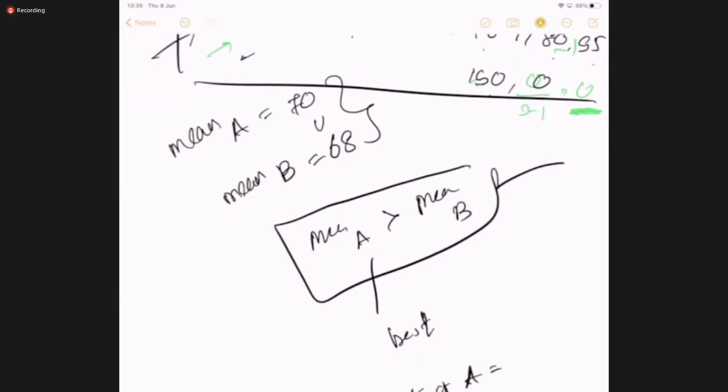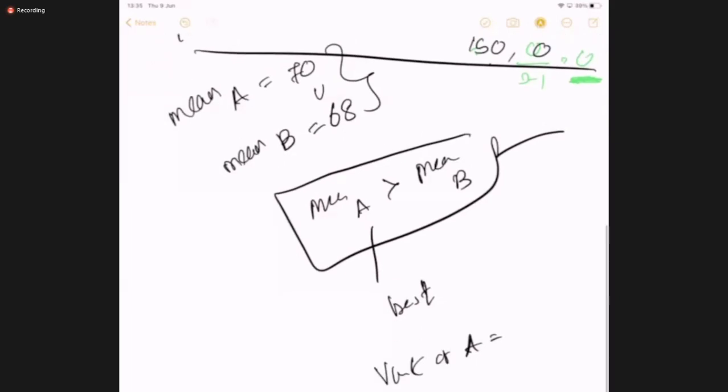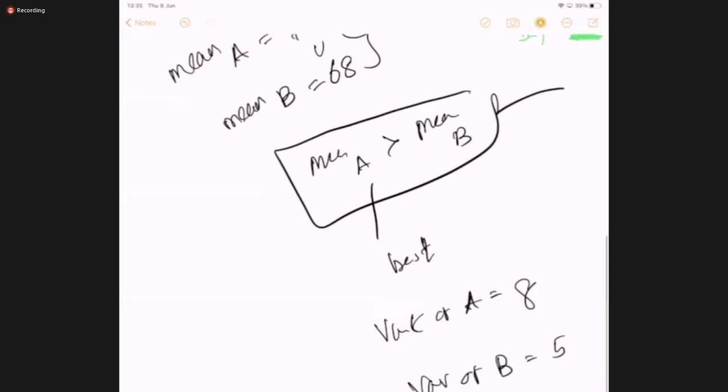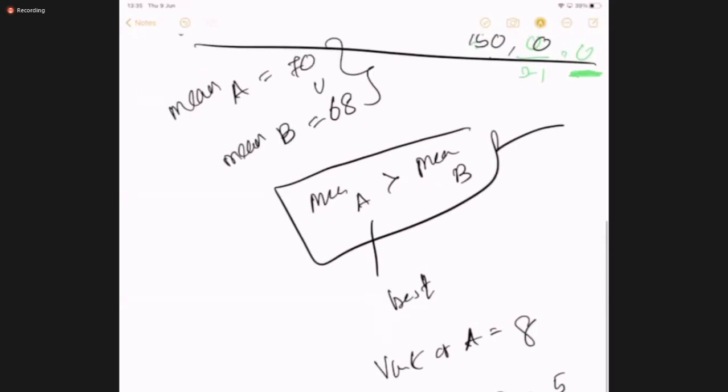You have to find only one measure, variance or standard deviation. Variance of player B is around 5. Okay, now tell me which player is going to be the best player, player A or player B?